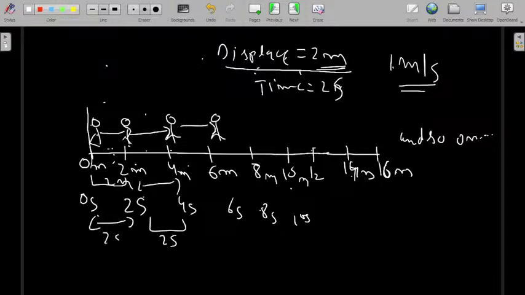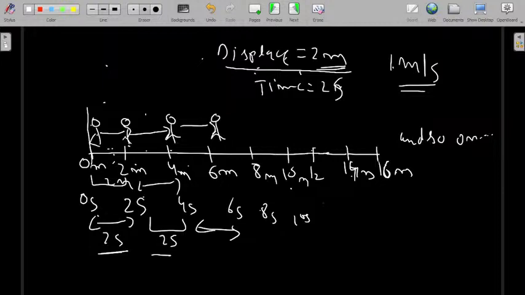The equal interval of time we have selected is 2 seconds, and the distance covered is 2 meters in each successive time interval. So this type of velocity is uniform velocity, where the displacement covered by the particle is equal in equal intervals of time.